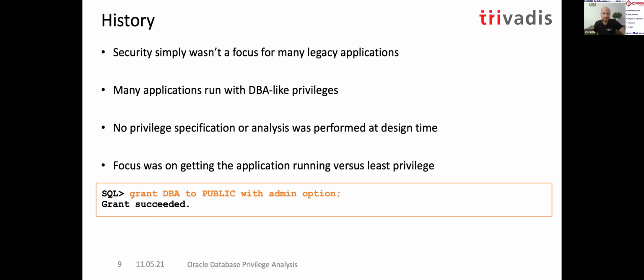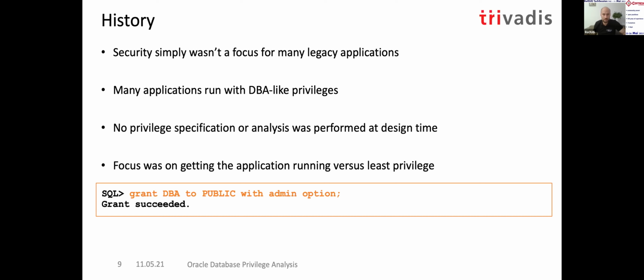Another thing is software vendors who need access to the database. They have the installation script: create tablespace, create user, grant DBA to user, which is a nightmare in terms of security.